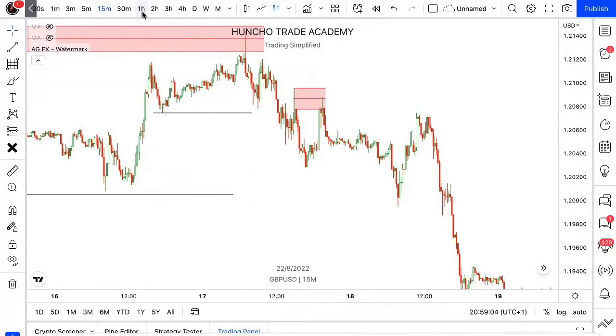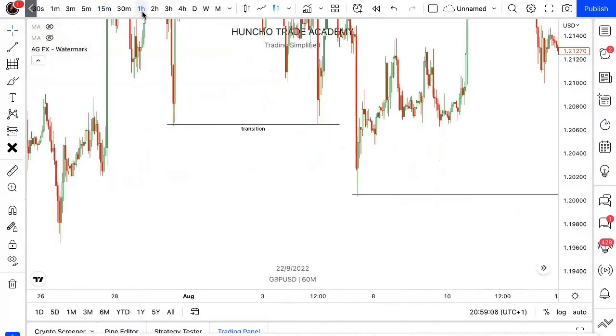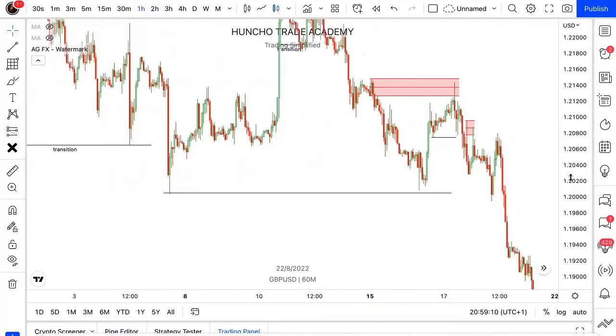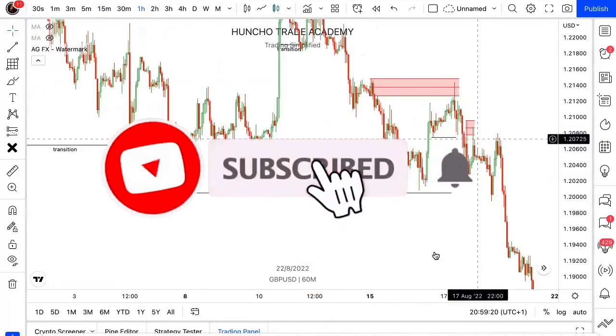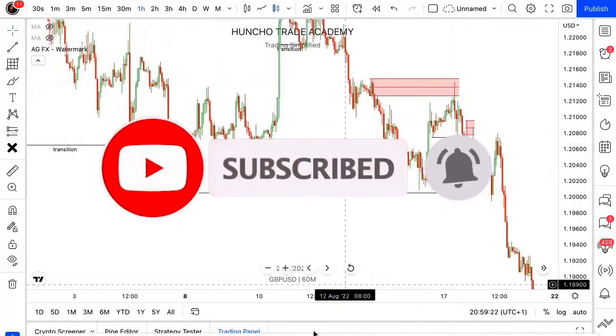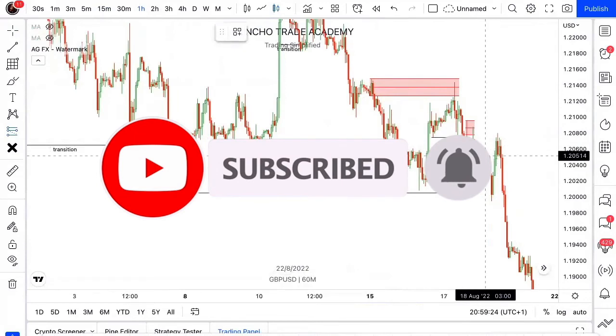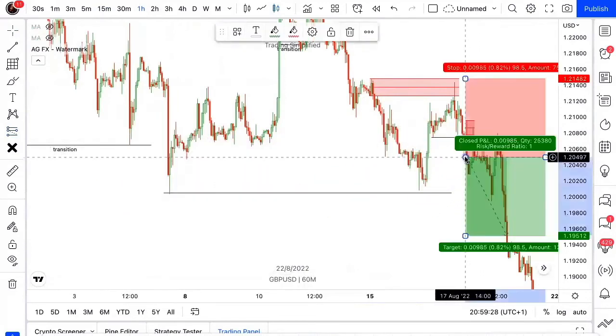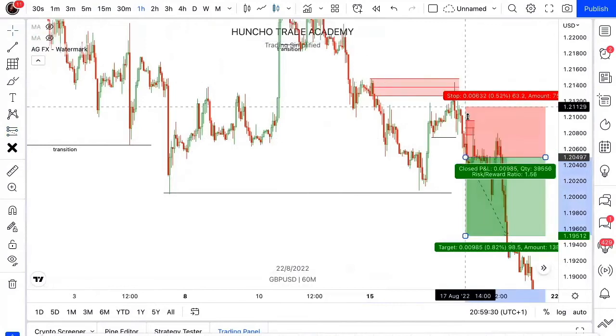So then this is how I got my fourth entry, which was actually my first entry on GBP USD. After this reaction from the missed entry, I entered with a market execution around there, because I was observing price action.